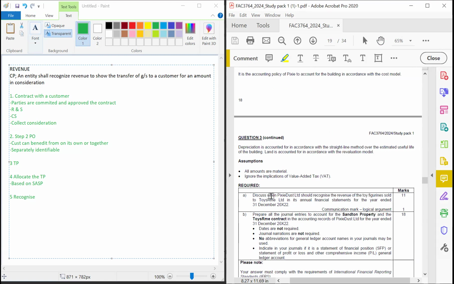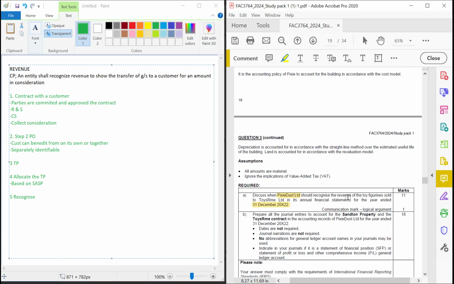Required A says we need to discuss when Pixie Dust should recognize revenue for the toy figurines sold to Toys R Us Ltd in its annual financial statements for the year ended 31st December 2022.